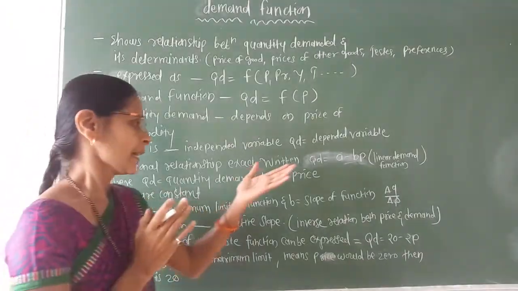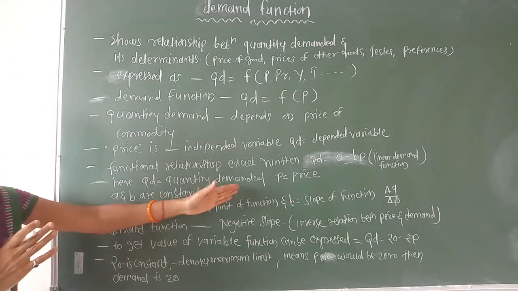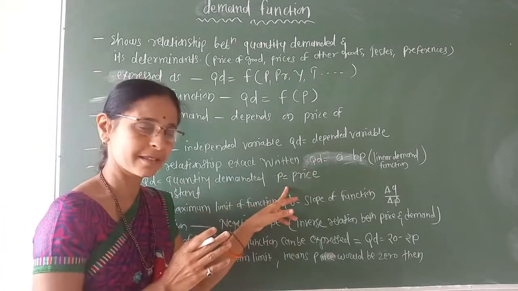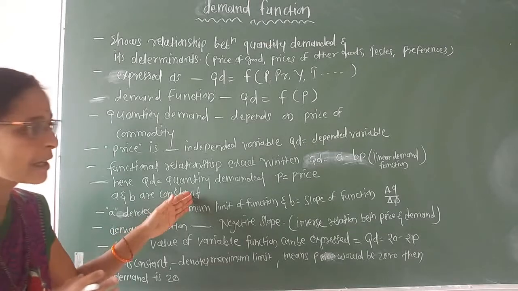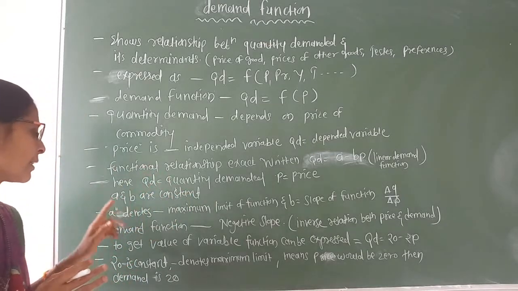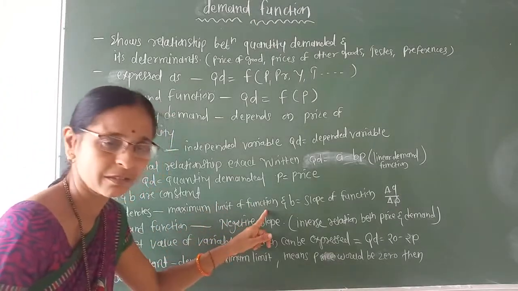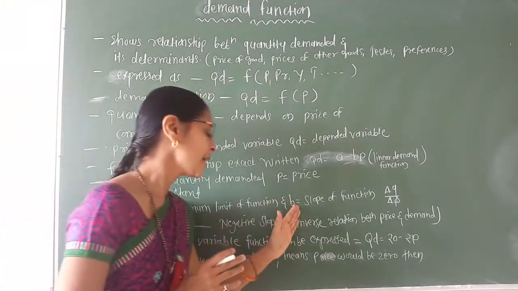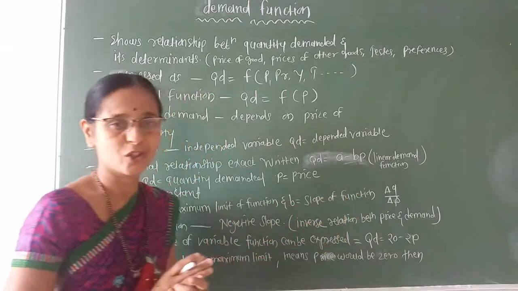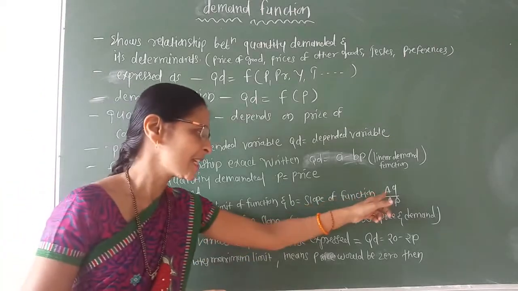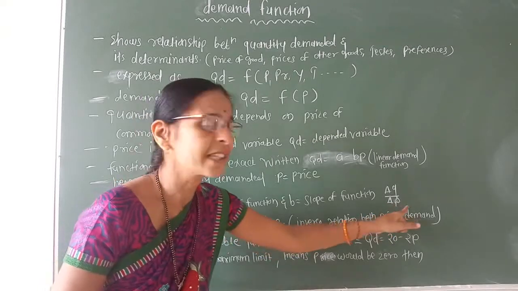Here QD means the quantity demanded and P means the price. A and B are constant factors. A denotes the maximum limit of the function and B denotes the slope of the demand function, meaning the changes in quantity depend upon changes in the price.